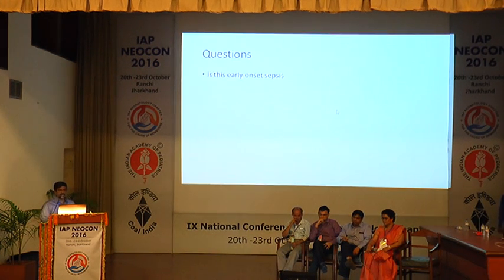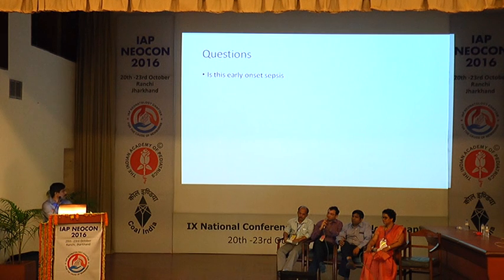Now the question here is, is this early onset sepsis? Neeraj, do you think this is early onset? Looking at the case, it looks like we were dealing with RDS, but unfortunately there are a few pointers in this case which are taking away from that. One is that despite giving surfactant, the course is slightly odd compared to the typical routine clinical course of RDS which we see.